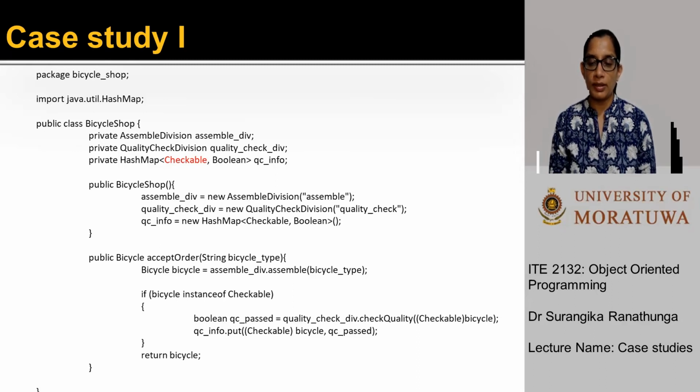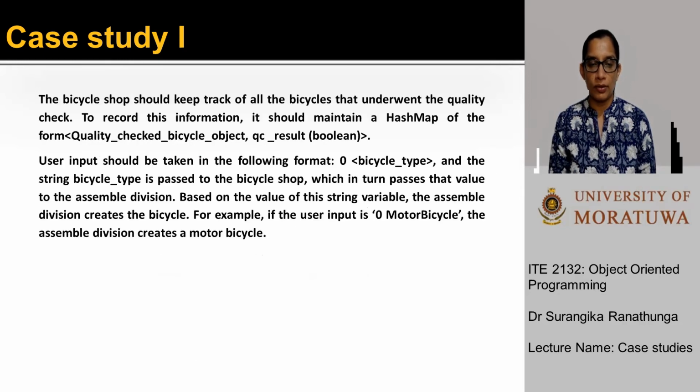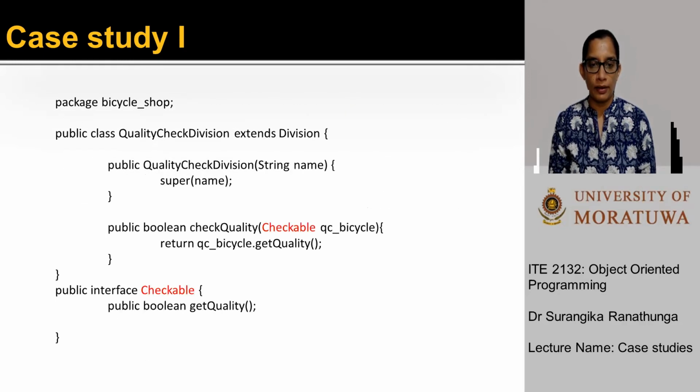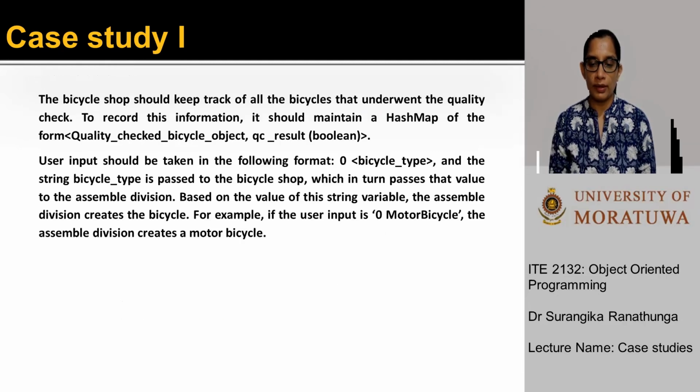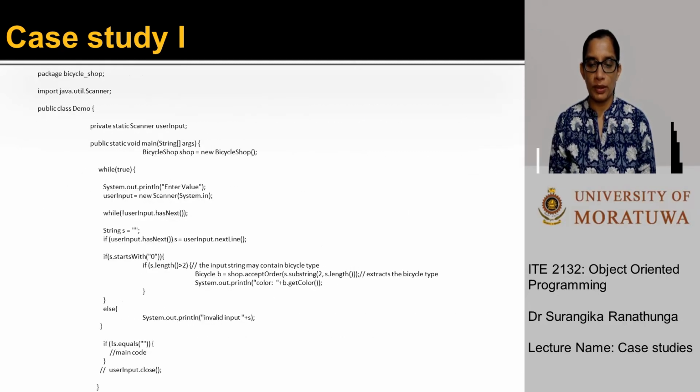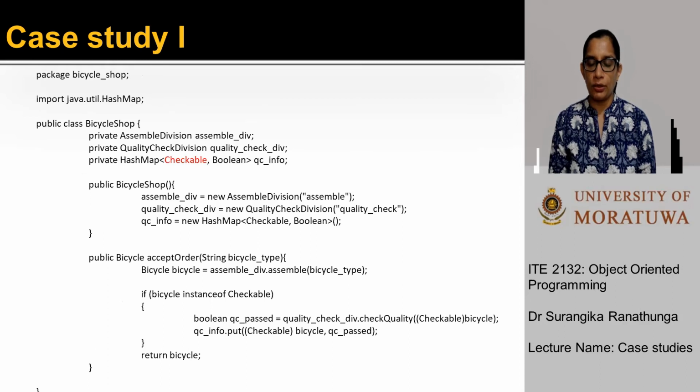Since it is of the superclass type Bicycle, it cannot be put as a parameter to the check quality method. Why? Because if we go back again, in this check quality method, what it needs is a Checkable object. So in order to convert our superclass Bicycle object into a Checkable object, we use this downcast.